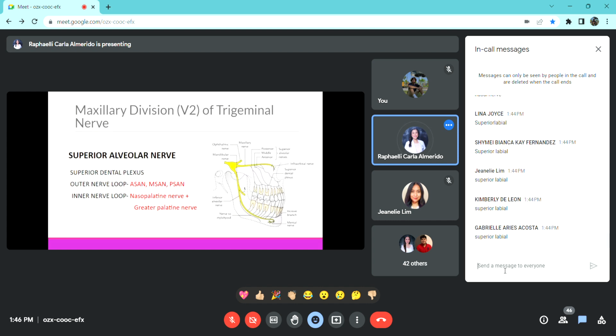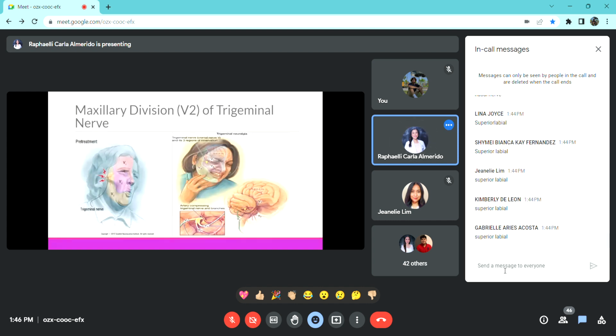Okay, so about the maxillary division, and actually for the entire trigeminal nerve, we have what we call your trigeminal neuralgia. So this is a disorder that is characterized by chronic pain. That's a severe, long-lasting type of pain over the areas where the trigeminal nerve innervates.